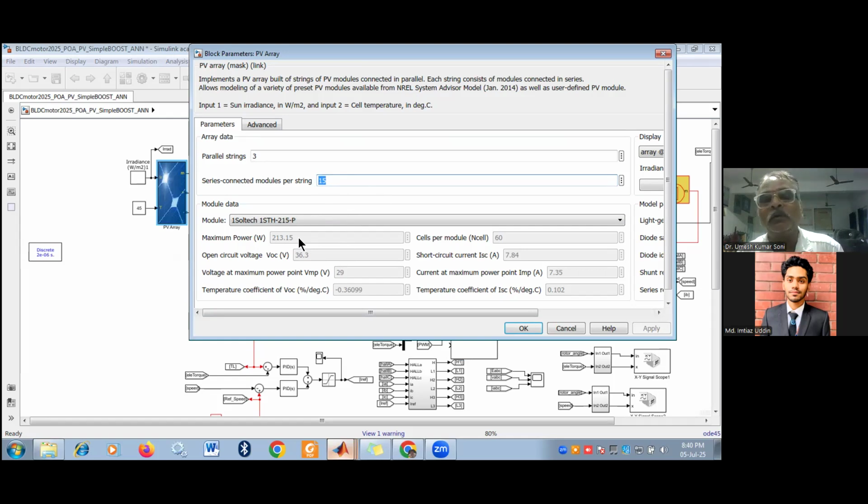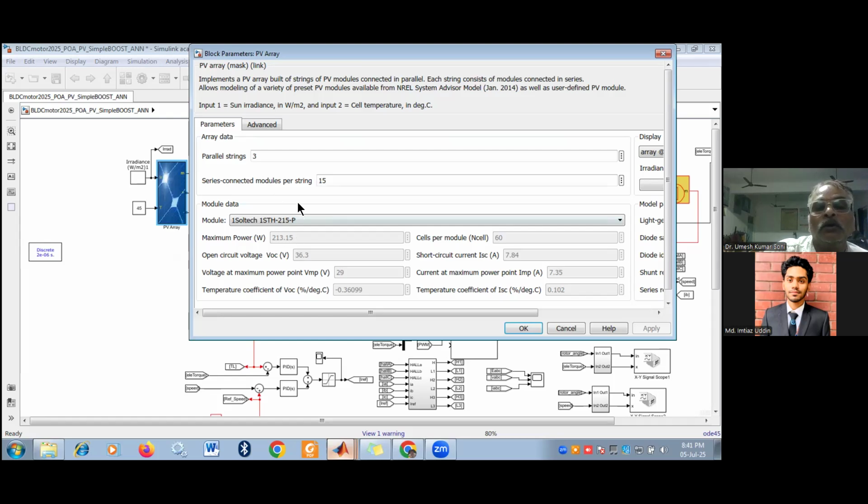In this way, our overall power will be multiplied by the total number of modules in the whole array. Here we have 3 parallel and 15 series modules, so 15 into 3, that is 45 total modules.